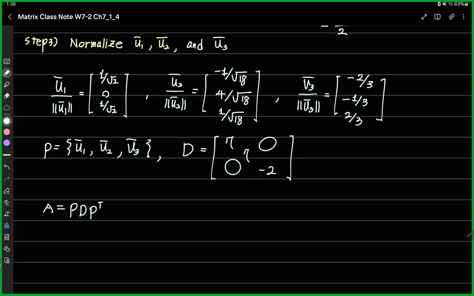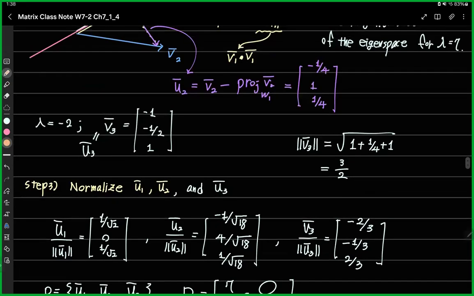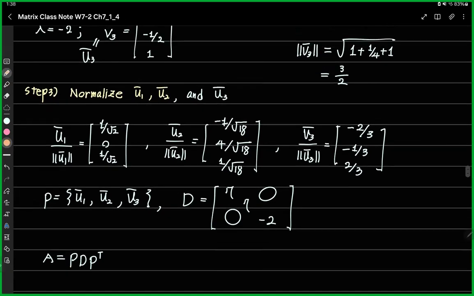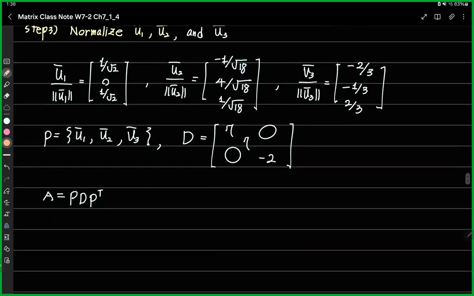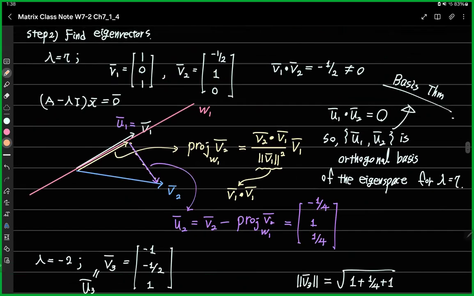From this example, we can get many highlighted properties. Let me do U1 dot U3. Here's U1, and U3 is this one.